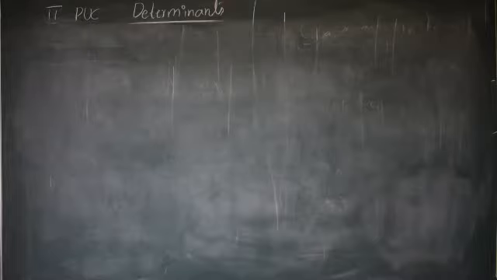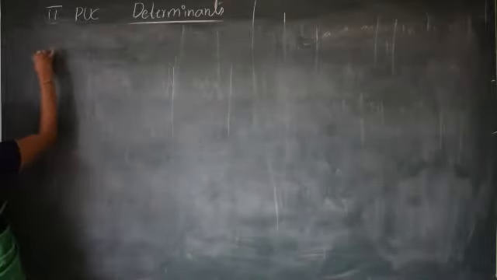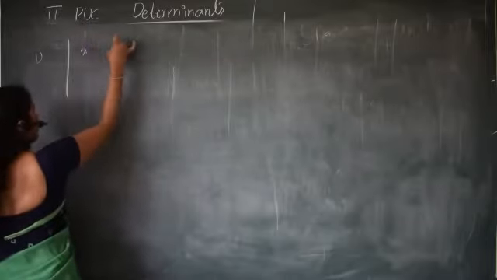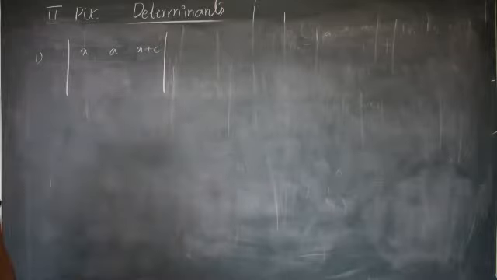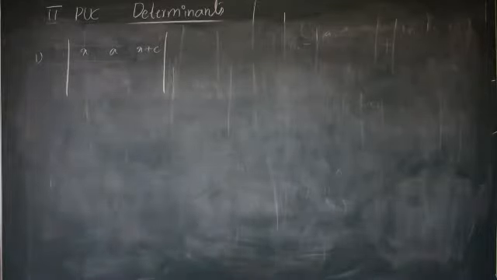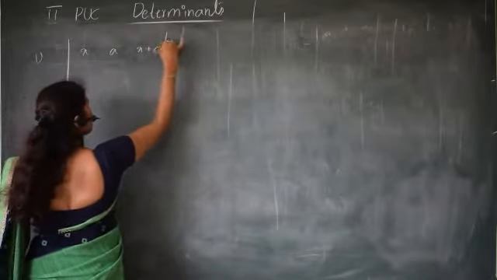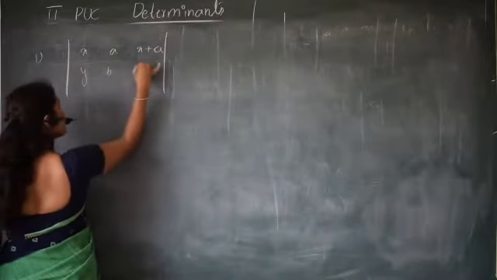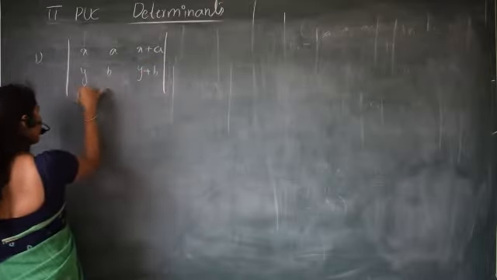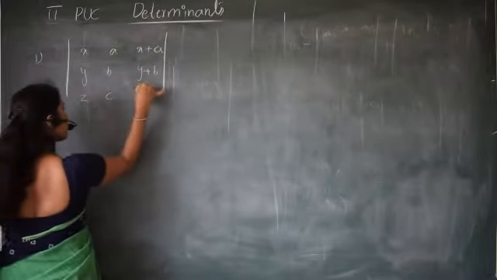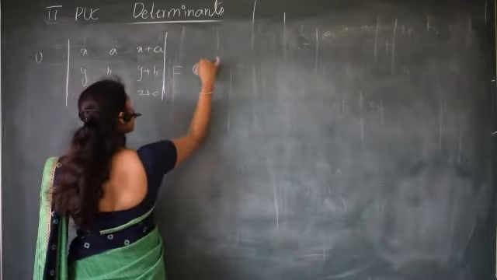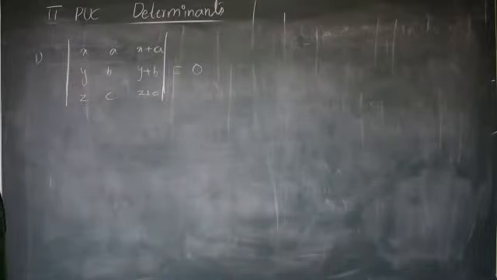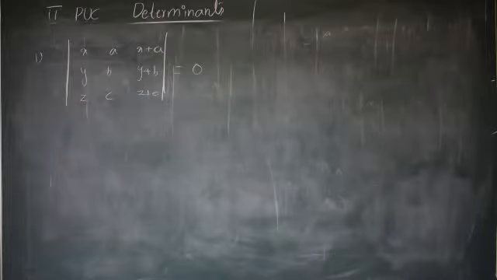The first row is x plus c, x plus a, ... y plus b, z, c, ... You have to show that the determinant is 0 by using properties, that is without expansion.